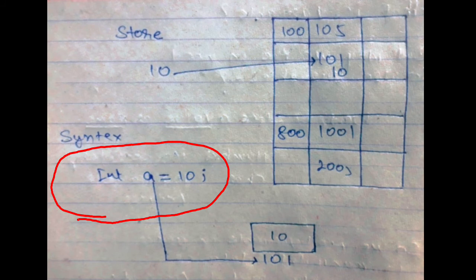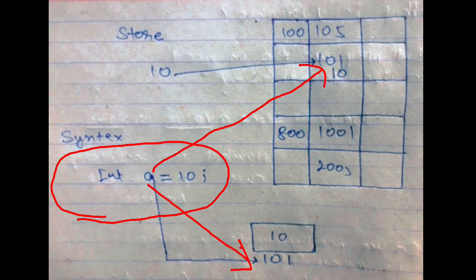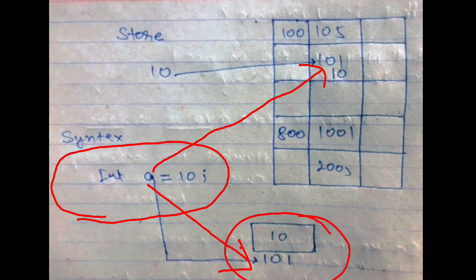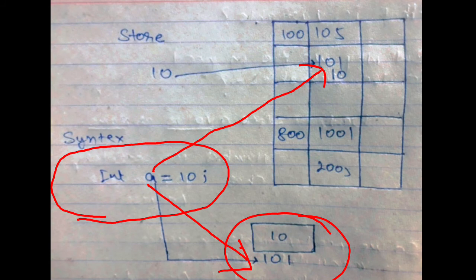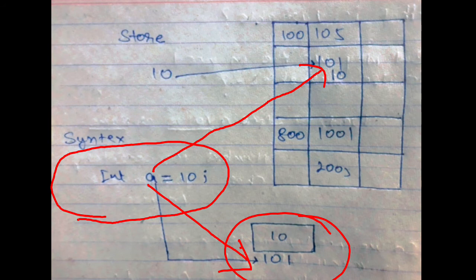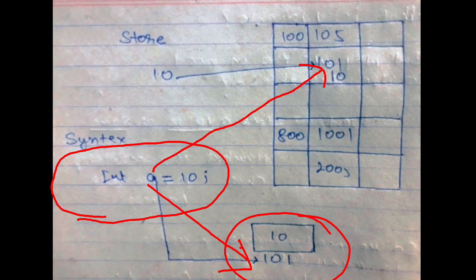As you write a = 10, a is directly referring to memory location 101. It could be 800 or 2005, any memory location, but for our understanding we have just assumed that it has been stored at 101, and a is pointing toward memory address 101.